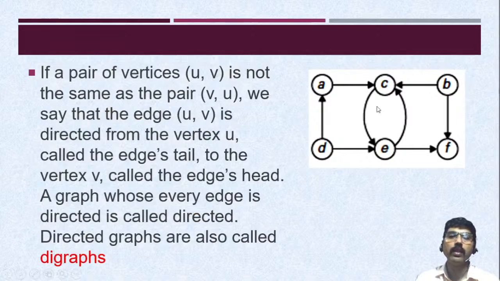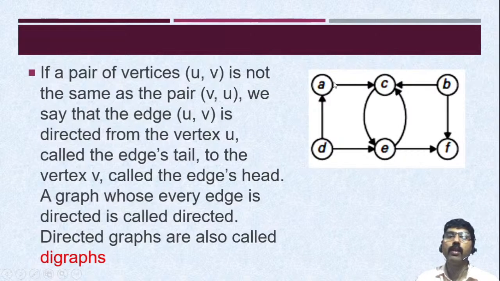Now see this graph. This is called a directed graph, in short also called a digraph. In a directed graph, each edge has some direction. If you see here, instead of a line, we indicate it with an arrow mark.